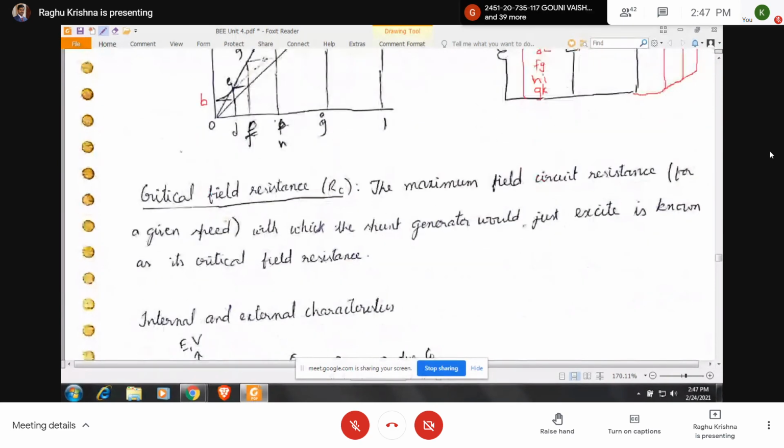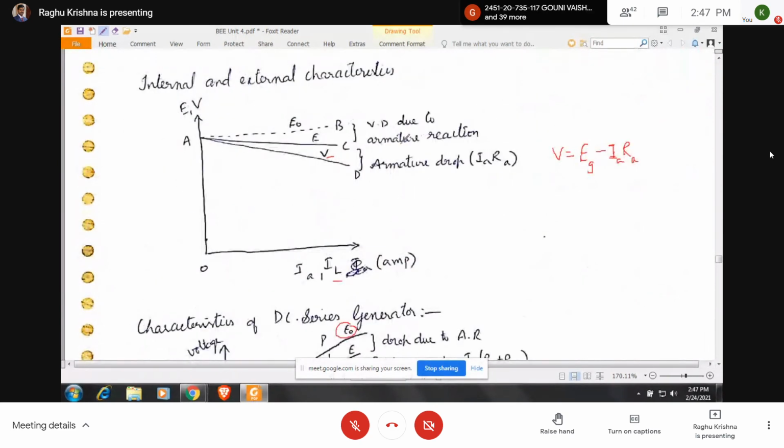Here voltage drop due to armature reaction is there, but we are going to reduce the armature reaction by following some methods. That's why I have not shown the voltage drop due to armature reaction. Here V equal to Eg minus IARA.